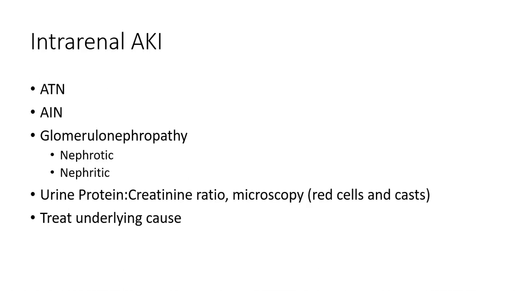There is a wide range of glomerular nephropathies with features of nephrotic syndrome on one end and features of nephritic syndrome on the other, and with many specific diseases having overlapping features of both. Some examples of nephrotic syndrome include things like minimal change disease, focal segmental glomerulosclerosis or FSGS, and diabetic nephropathy.